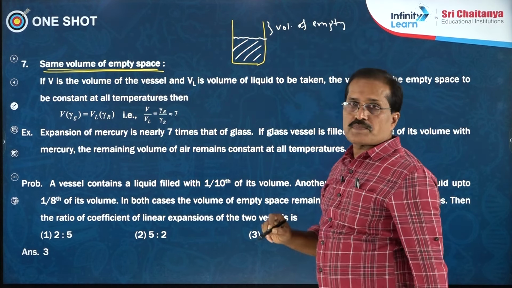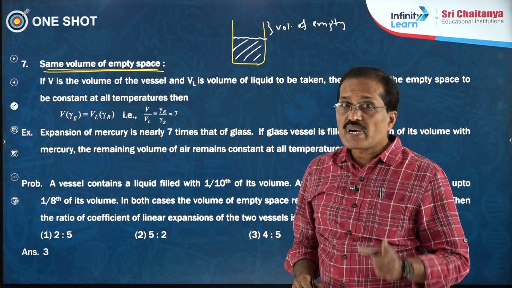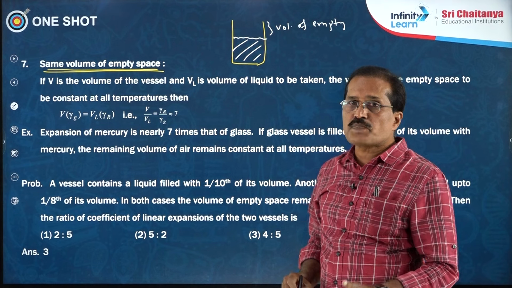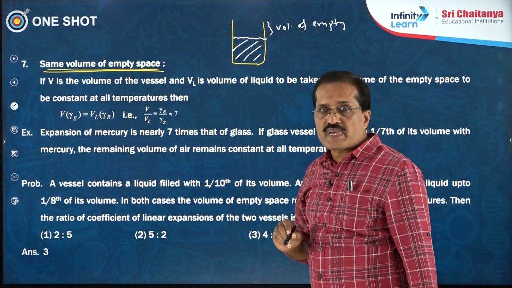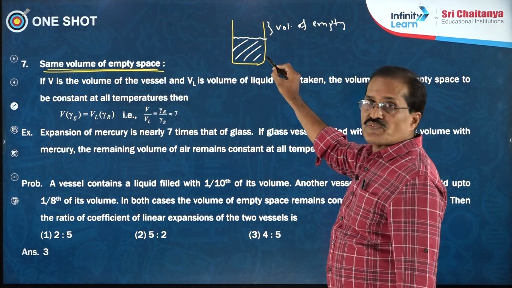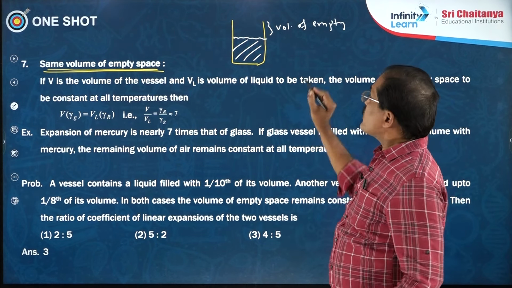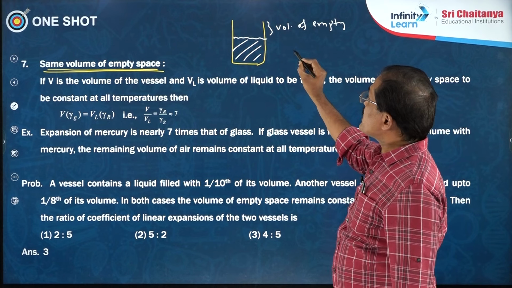As for the volume of empty space, you all know that the liquid expands, the vessel also expands, but it is possible that the volume of empty space remains constant provided the volume expansion of the vessel and the volume expansion of the liquid are the same. What is the meaning of that here?